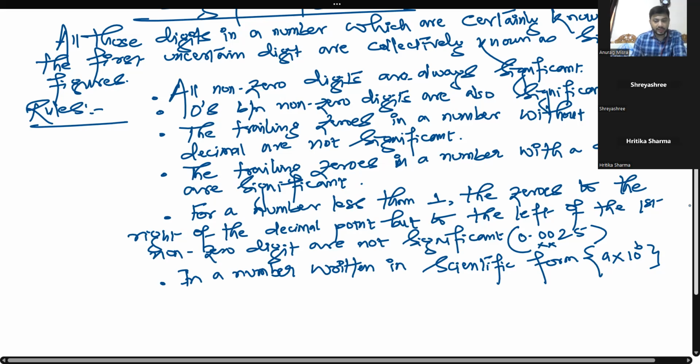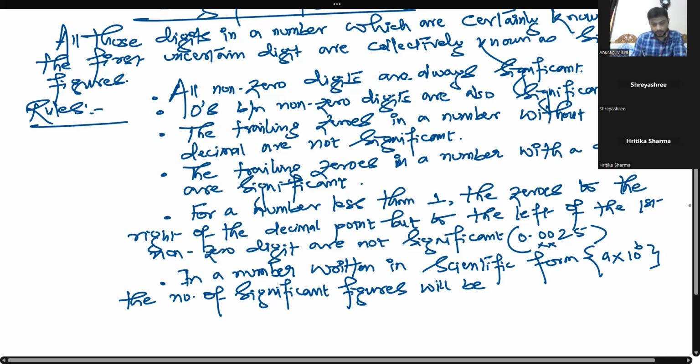So remember, if a number is written in scientific form, the number of significant figures is equal to the number of significant figures in the real part A. Whatever significant figures are in the characteristic part, we count that many for the whole number. We will not see the decimal multiplier part.